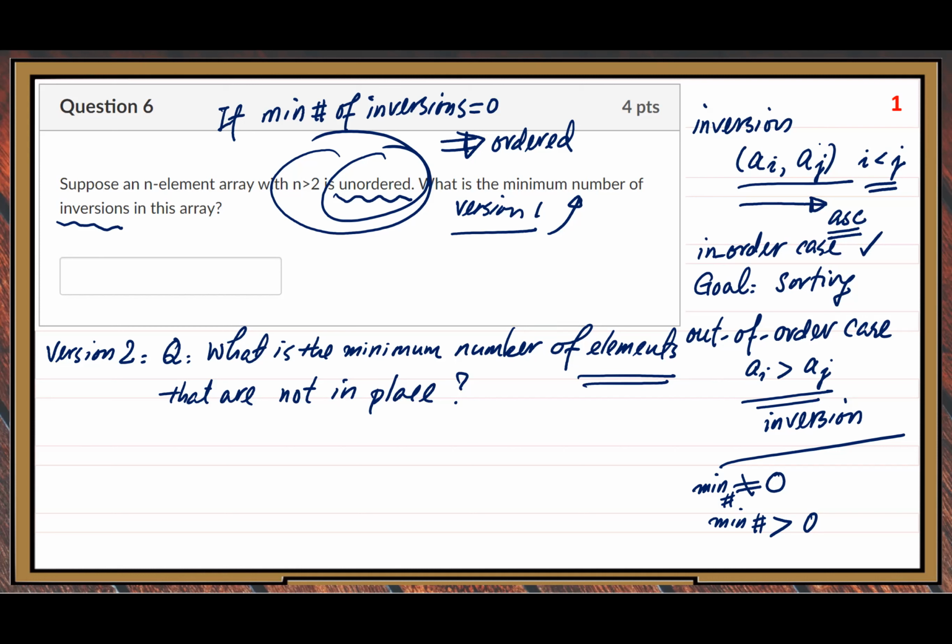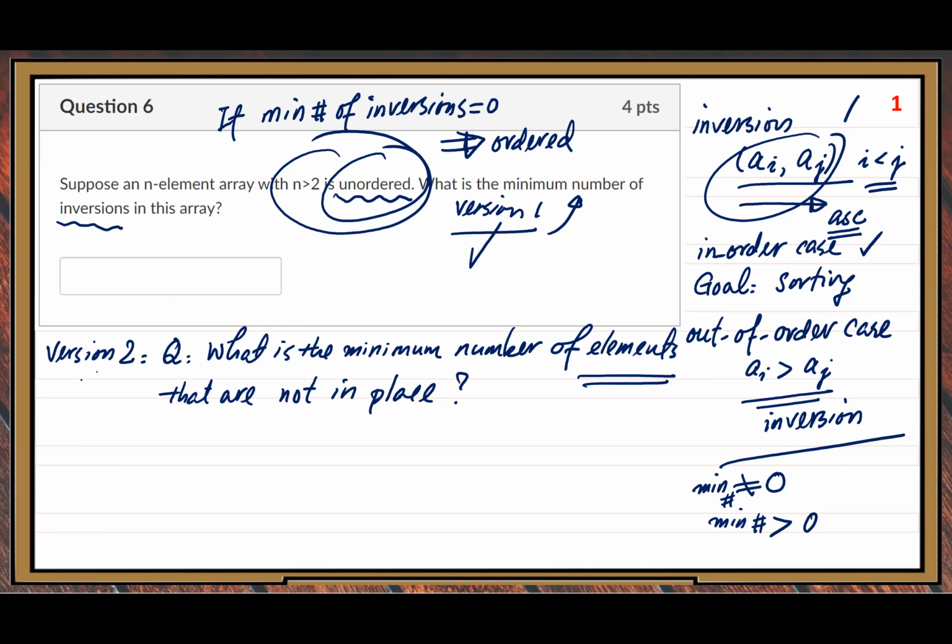One pair is one inversion, and in that one pair of inversion there are two elements. So the answer is different. But when you answer this question, you need to answer the version 1 question.